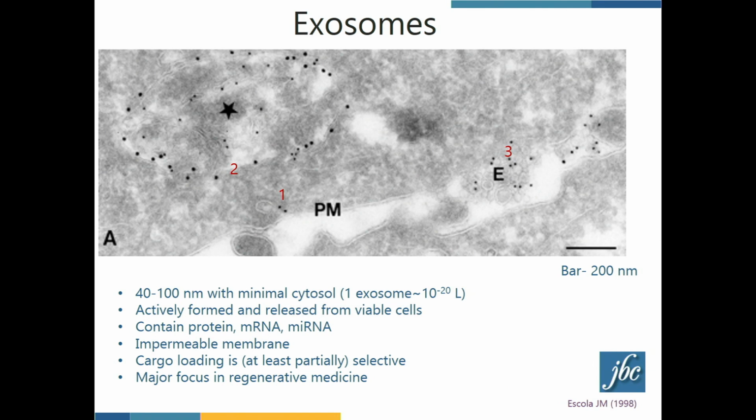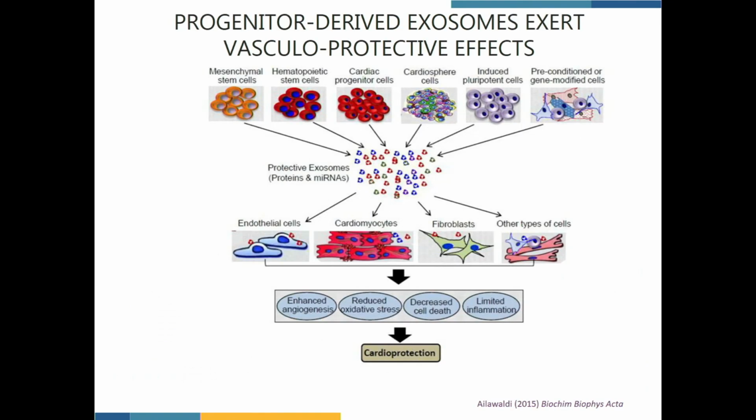And the major focus in research right now is really in regenerative medicine. Daryl Davis is doing some of this, and we've done some work in that. But there is really abundant evidence that if you take these exosomes or small extracellular vesicles from progenitor cells, and there's a variety of cell types you can use, mesenchymal stromal cells, endothelial progenitor cells, if you collect them and administer them to injured cells, they promote reparative processes.